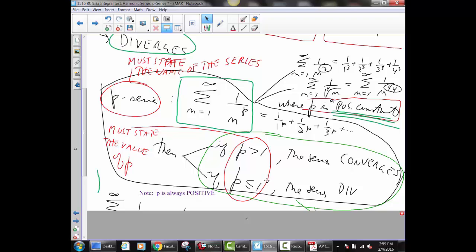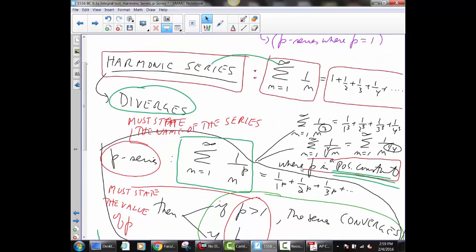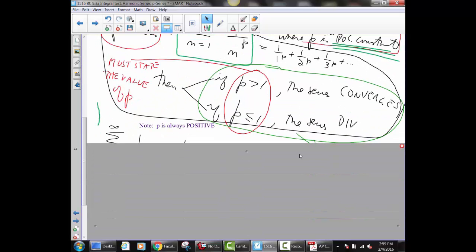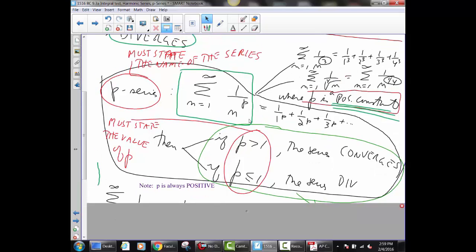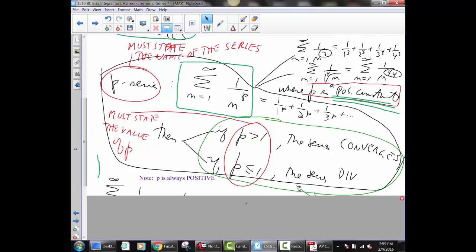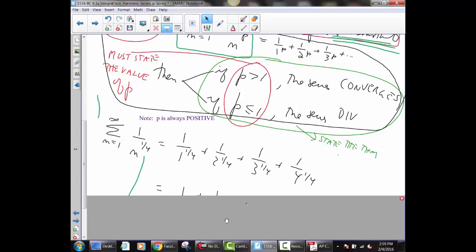On the other hand, if p is less than or equal to 1, the series will diverge. Note that when p equals 1, we are talking about the harmonic series, which diverges. So here the denominators aren't getting large fast enough to force the fraction to get small enough, and therefore the series will diverge.